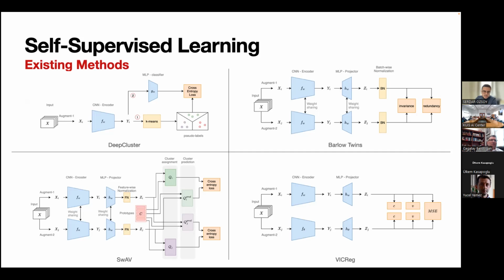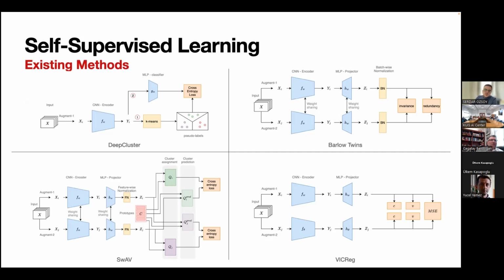Collapse is prevented by assigning new centroids for the empty clusters, or sampling inputs by using a uniform distribution on the pseudo-labels, but clusters are refined in each epoch. That's not scalable for large datasets. So SwAV below is proposed with an online clustering method as an improvement.